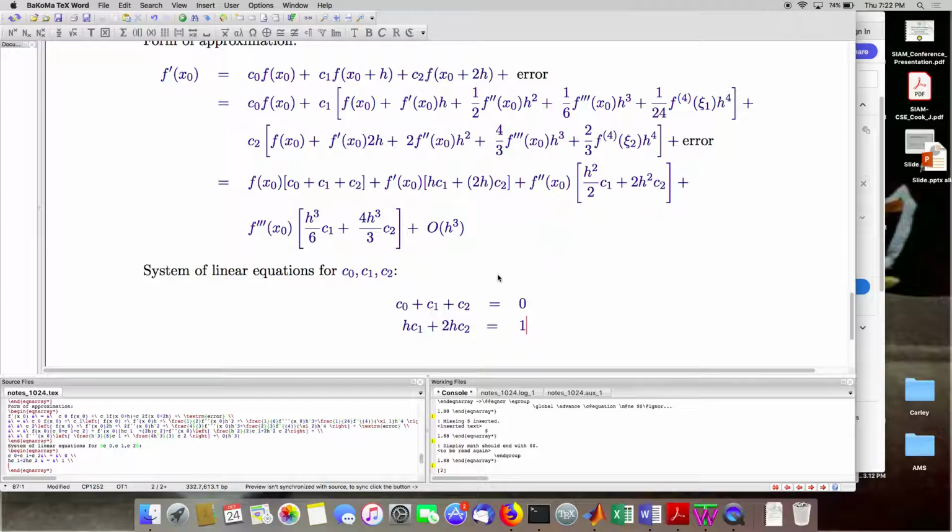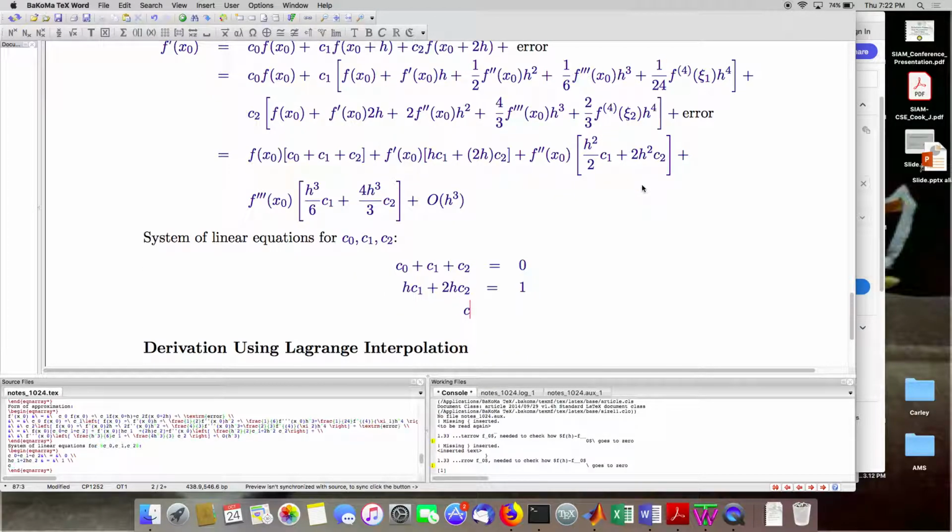And then this has to be 0, and since this whole thing is 0, I can divide both sides by h squared. So I have c1 over 2 plus 2 c2 equals 0. Based on this, I should have h squared in this equation also. Again, divide both sides by h squared, so it simplifies things a little bit.